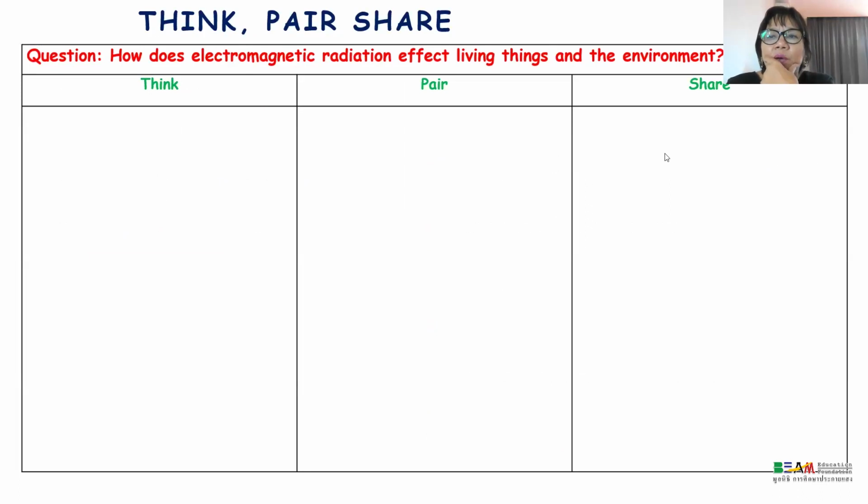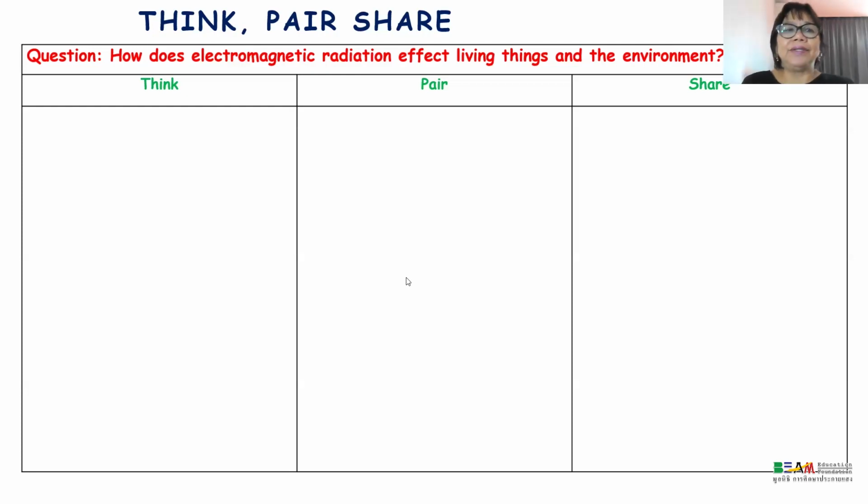This time, the question: how does electromagnetic radiation affect living things and their environment? Think, pair, share means I'd like you to do it yourself, and then I'm going to send you to the breakout room. Then we're going to share our ideas.